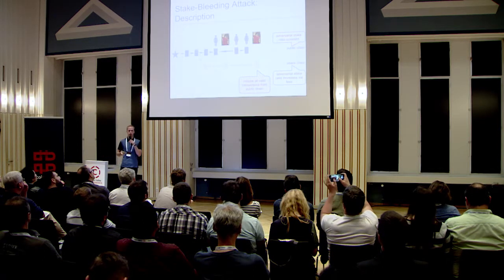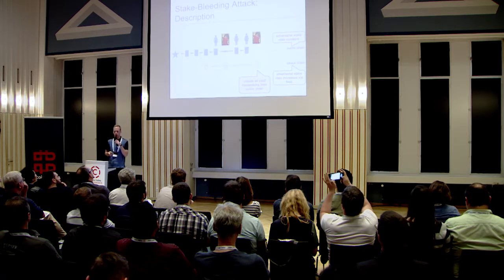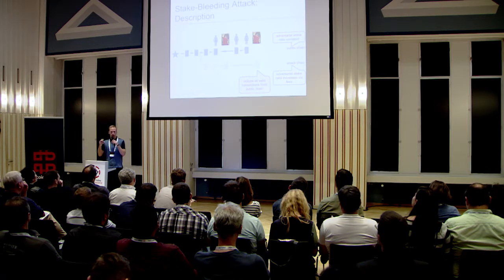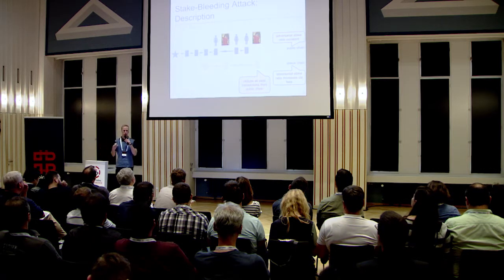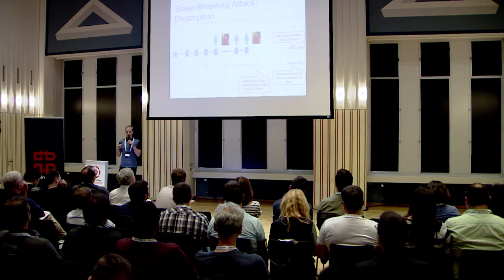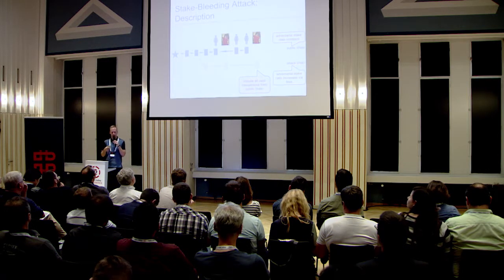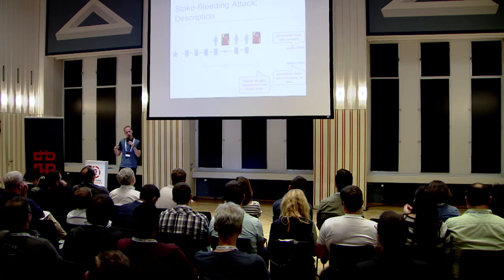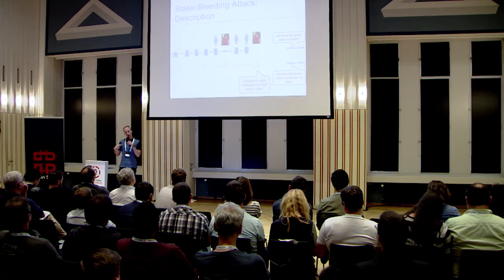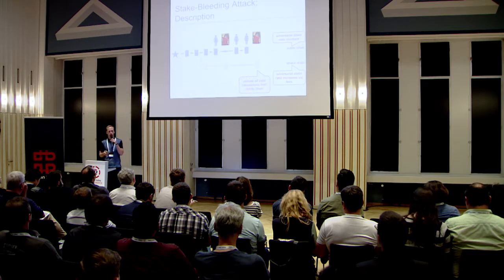Imagine an attacker that has like 10 or 20% of stake, which satisfies our assumption that he doesn't control the majority of the stake. In the attack chain, which is completely virtual in the head of the attacker, the adversarial stake ratio is increasing because the attacker is cashing out all the fees from the transactions, but the honest parties are not getting any fees because they are not creating any blocks.